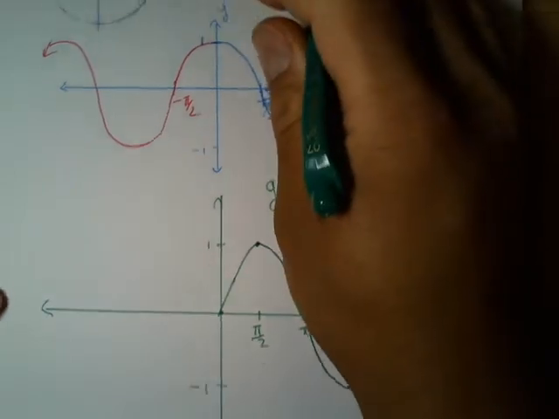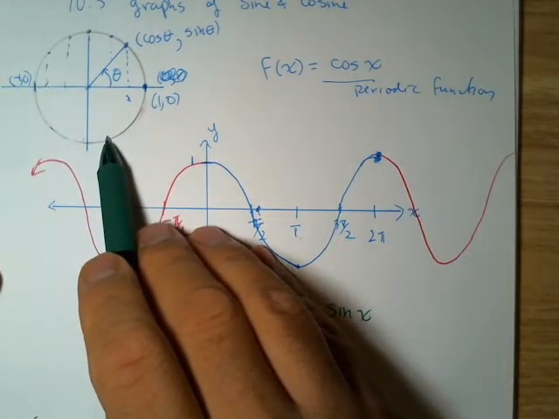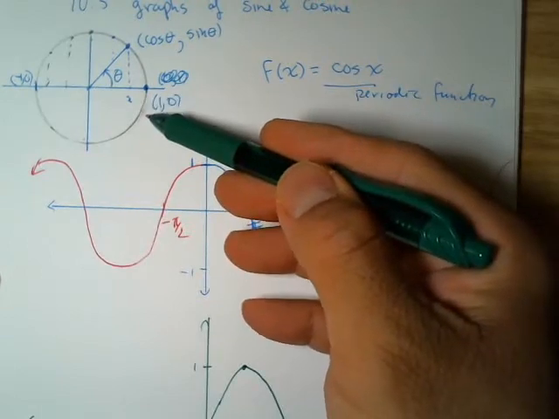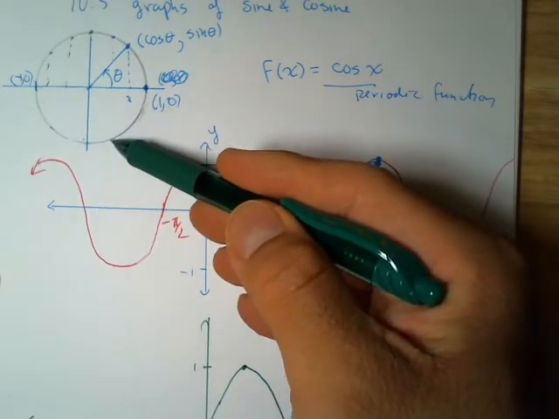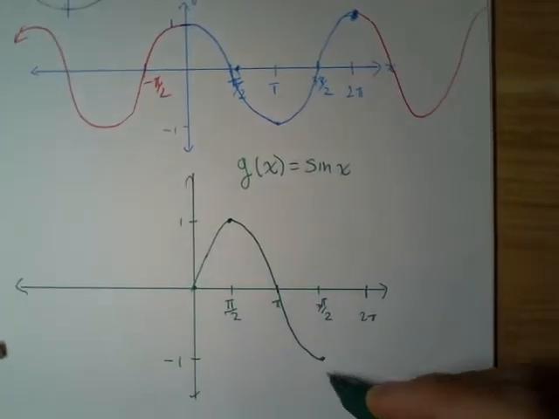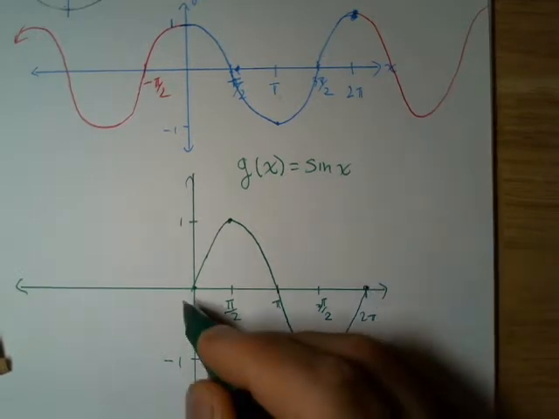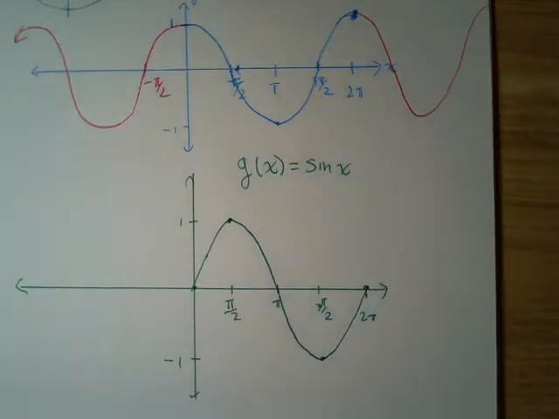And after 3 pi over 2, the values start to increase, still on the negative side for the sine, but they do increase till they get to 0 once we reach 2 pi. And that is one period of our sine function.